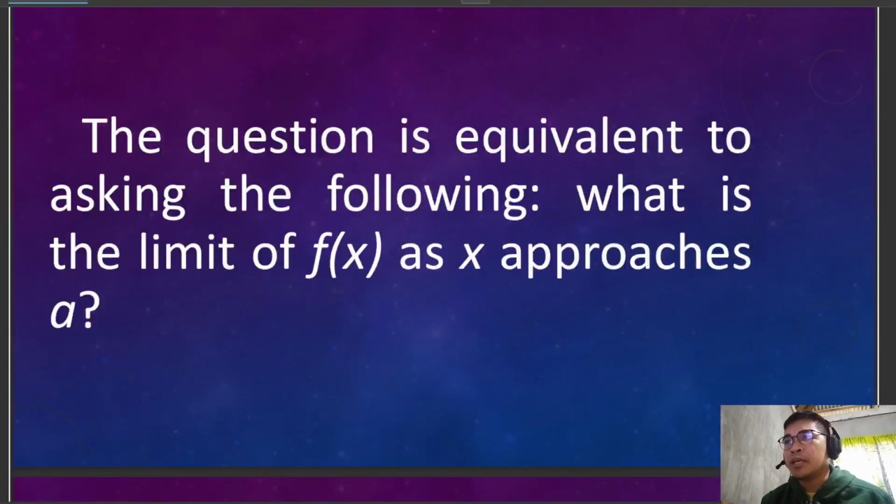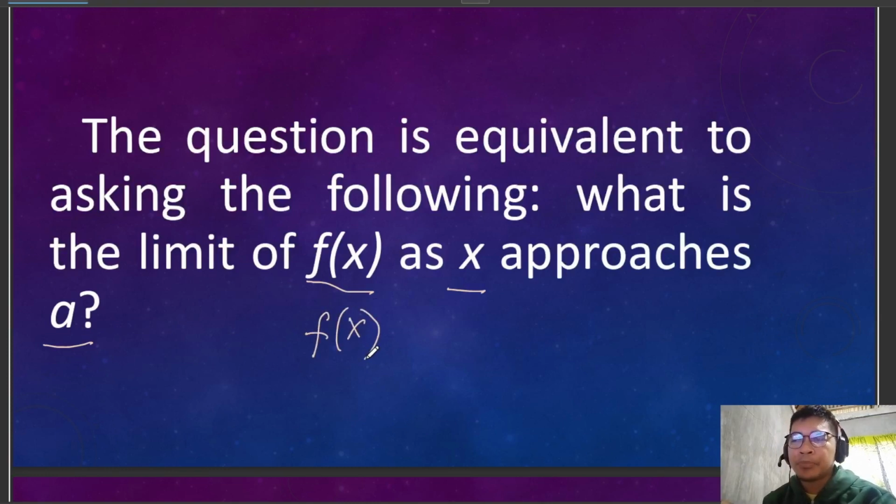Okay. The question is equivalent to asking the following: what happens to the limit of f of x as x approaches a? The f of x is a specific given expression, and underneath it we have x approaches a.